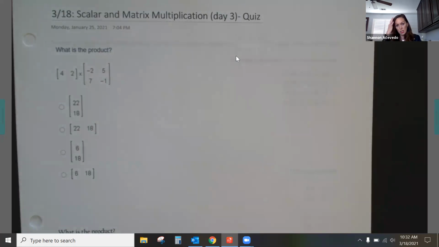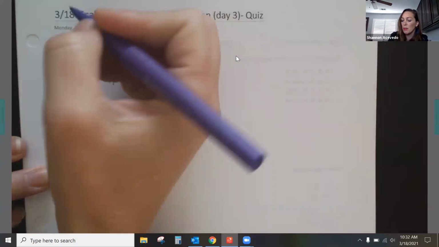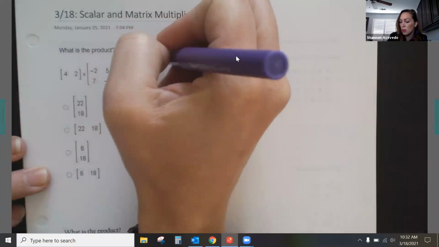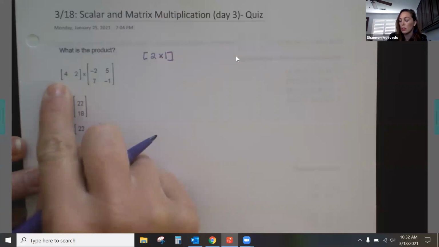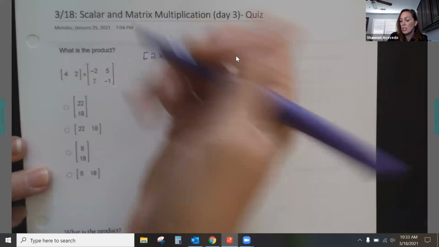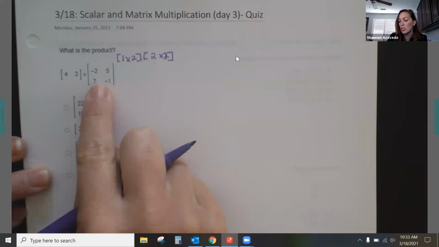Grab some colors. So first one, what is the product? Look at what they gave us to find the product for. First of all, can I multiply them? Let me double check. This is going to be a 1 by 2, and this is going to be a 2 by 2.